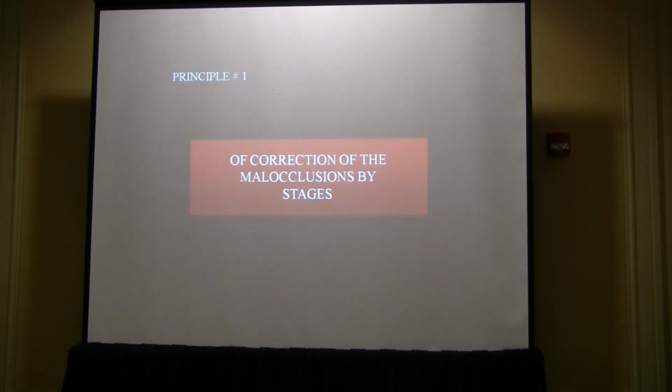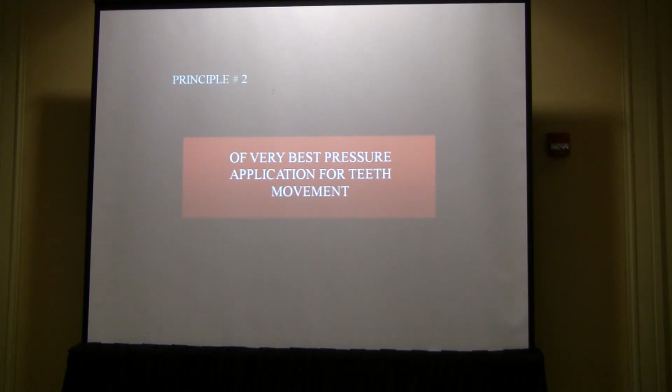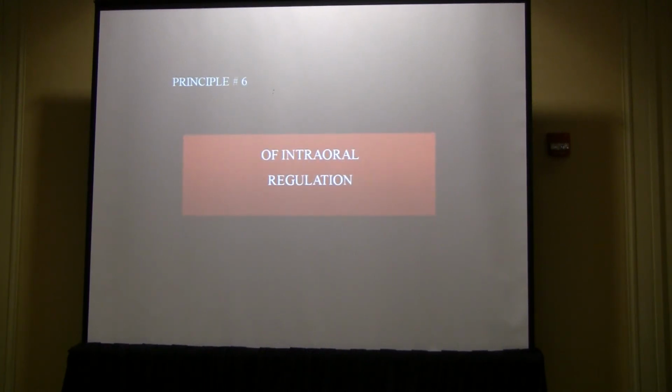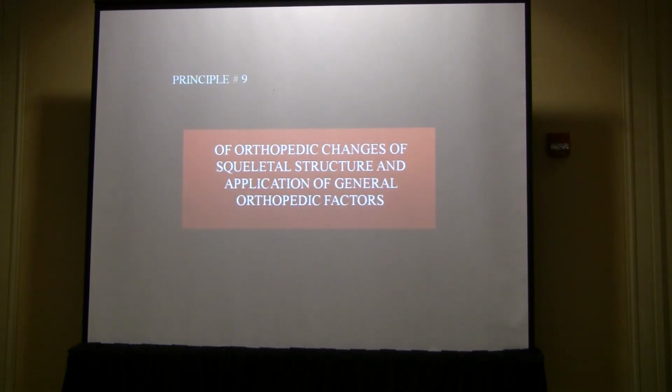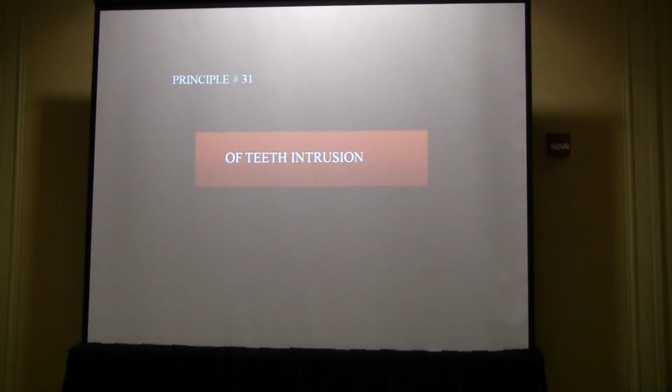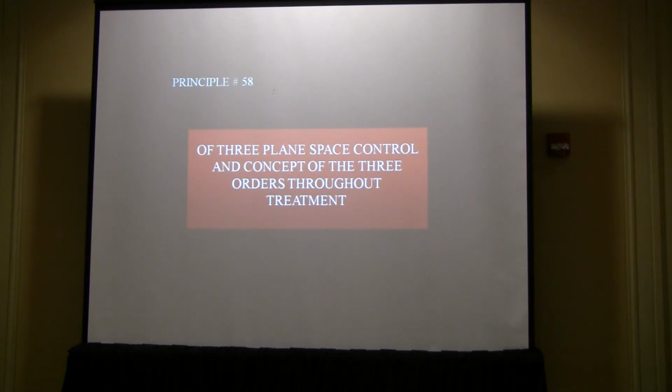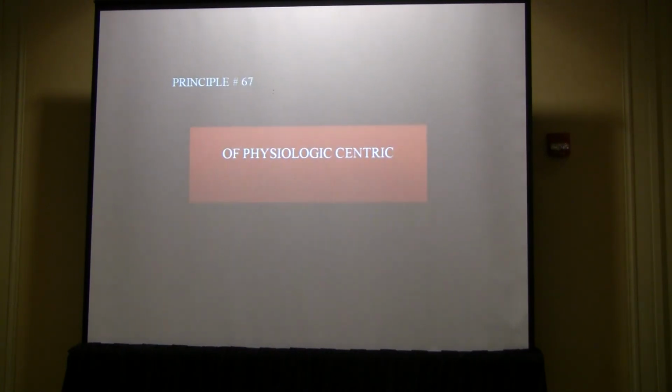We have been talking about correction of malocclusion by stages, of best present application of teeth movement, of intraoral regulation, of orthopedic changes of skeletal structure and application of general orthopedic factors, of teeth intrusion, of three-plane space control and concept of the three orders throughout treatment, and of physiological centric.